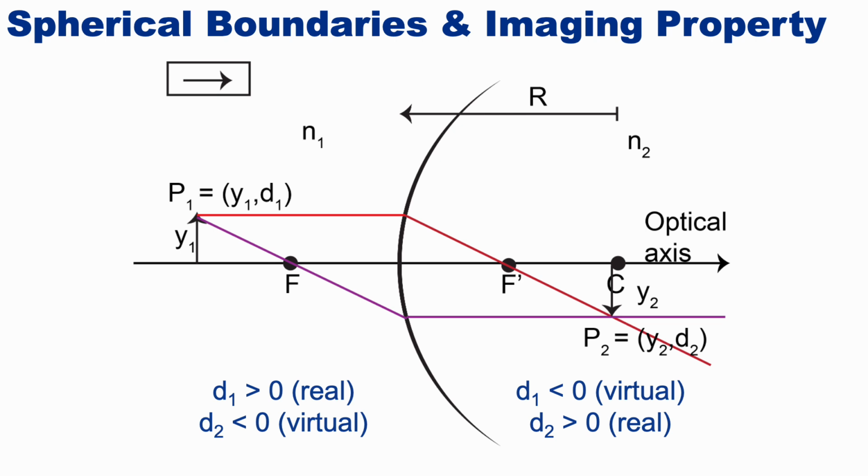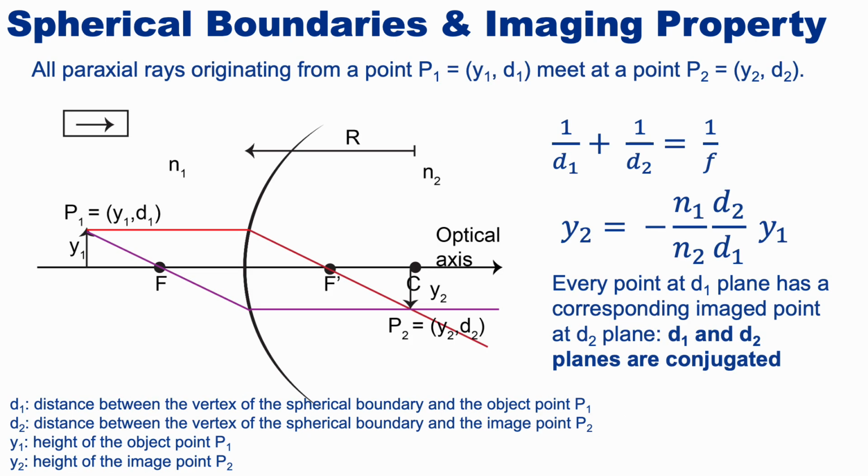Here, when we are thinking about spherical boundaries and lenses, the left side is the real object and the right side is the real image. So we need to take care about where it's located, because that's going to give us a difference in the sign when we are solving the problem mathematically.